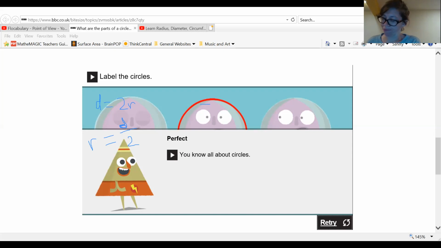Okay. I'm going to go with 3.5 for radius and 7 for diameter. Let's see if that is correct. All right, that is right.